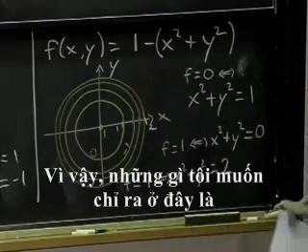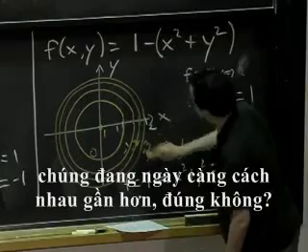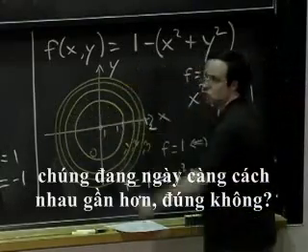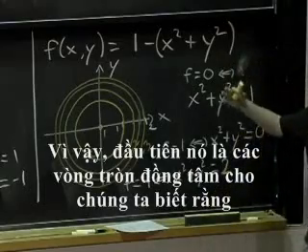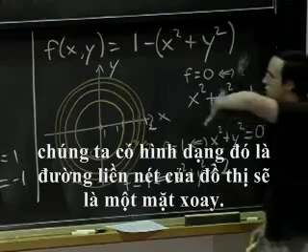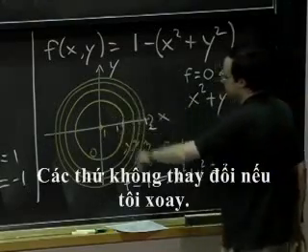So that's minus 3, that's minus 2. What I want to show here is that they're getting closer and closer together. So first, concentric circles tell us that the graph is going to be a surface of revolution. Things don't change if I rotate.